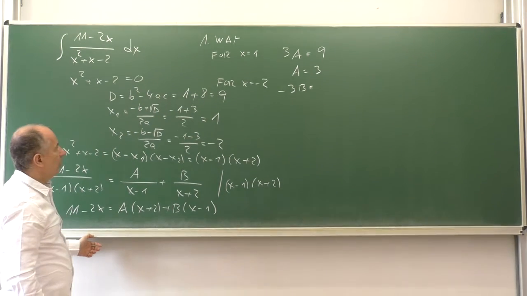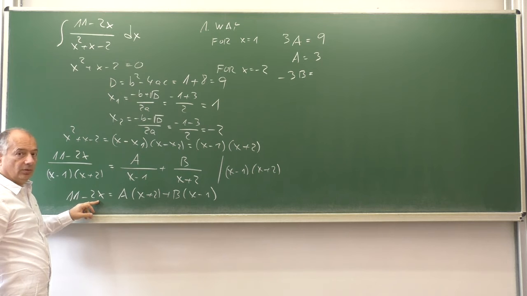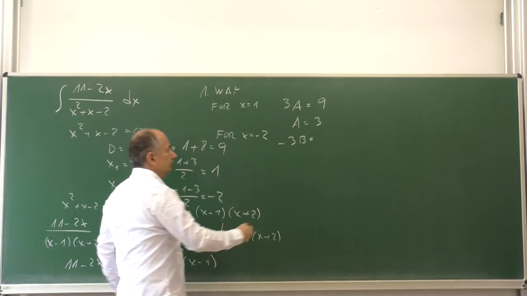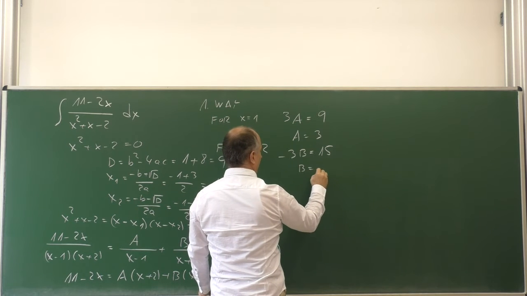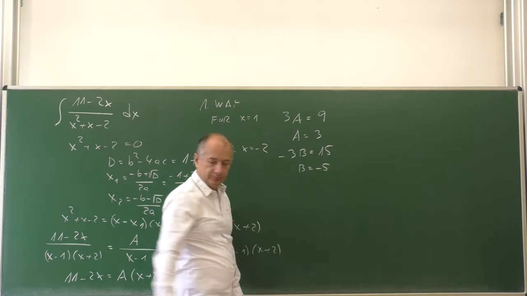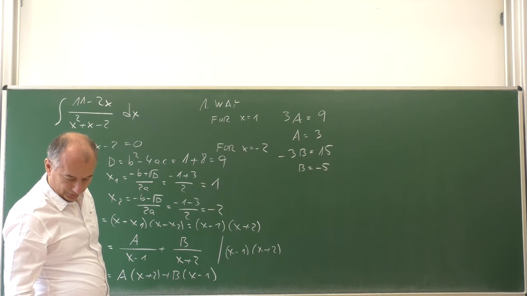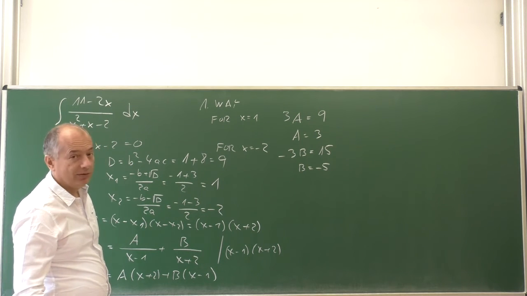And on the left, when x is minus 2, this is 4 plus 11, 15. That means b is minus 5. Let me check this with my preparation. a is 3, b is minus 5. That looks good.